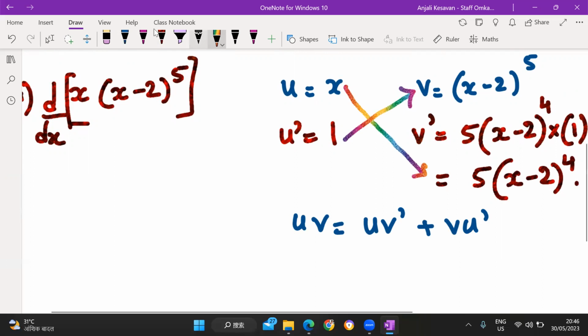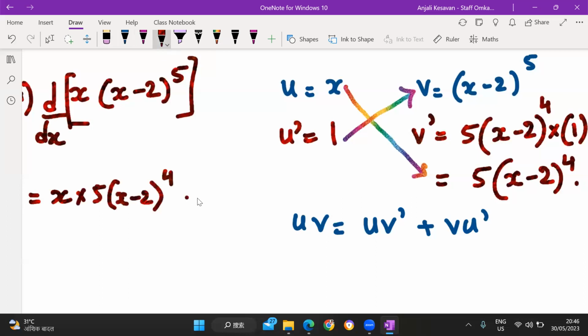So what will be our new solution then? x times, what is the second term? 5 times (x minus 2) the whole raised to 4, plus, what is the second arrow? 1 times. 1 times any number will be that number, so (x minus 2) the whole raised to 5.